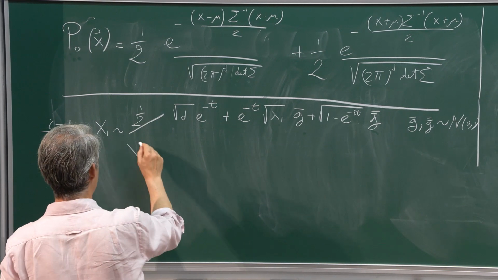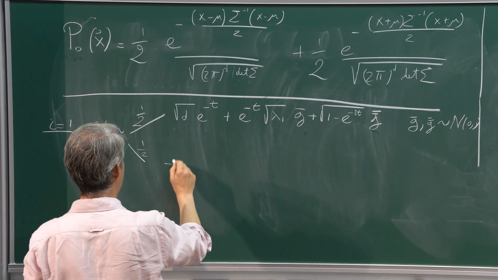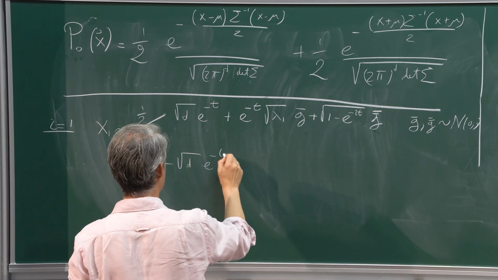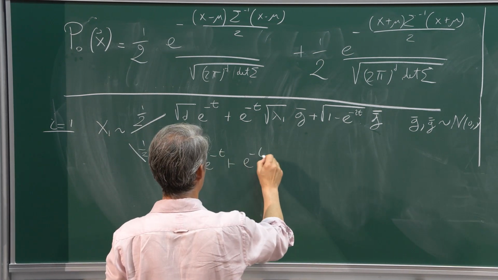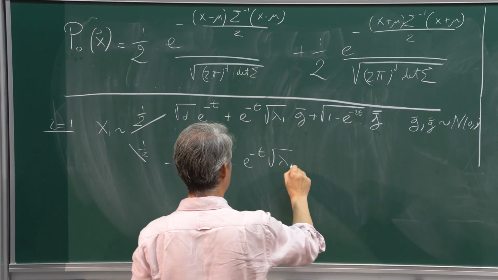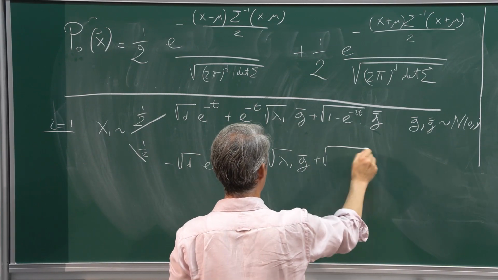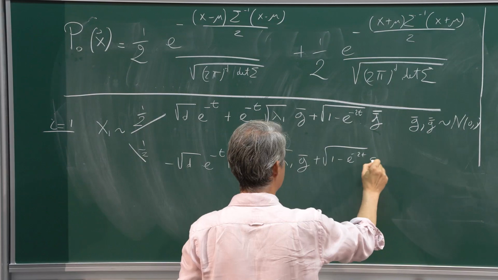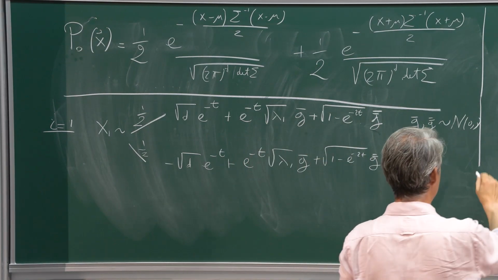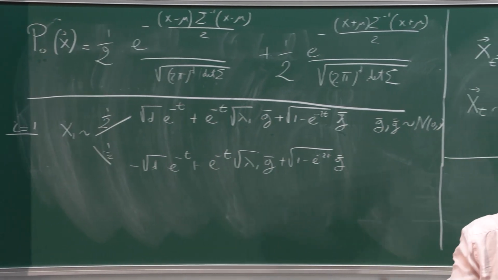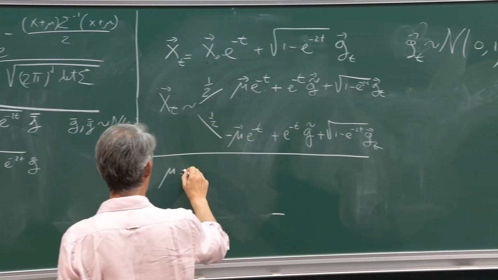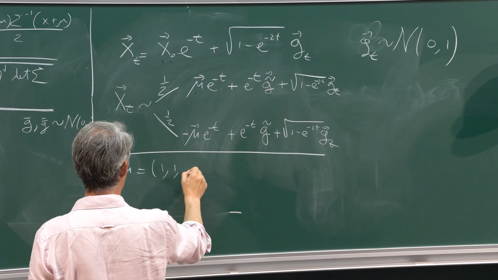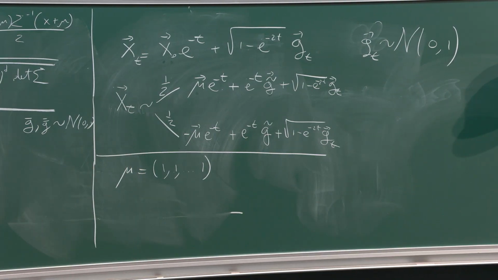And then with probability 1/2, I have minus square root of d exponential minus t. This comes from the fact that mu is equal to 1, 1, 1, and I'm projecting on the unit vector.